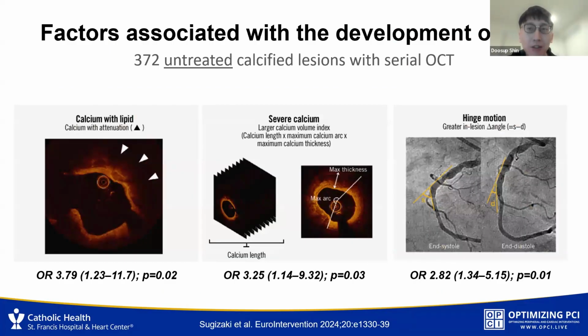When we looked at the factors associated with the development of the calcified nodule, attenuated calcium indicating lipidic or necrotic core, higher calcium volume index suggesting the presence of large calcified sheets around, and the large delta angle on angiography suggesting a hinge motion, all independently predicted the development of de novo calcified nodule on follow-up OCT.